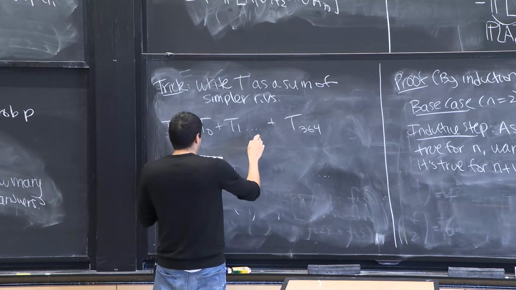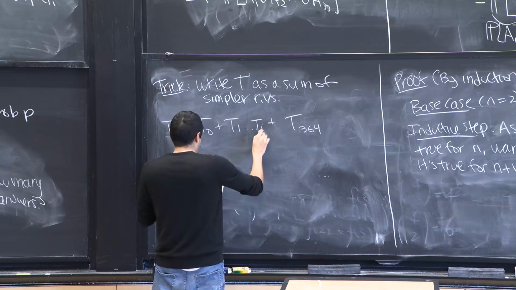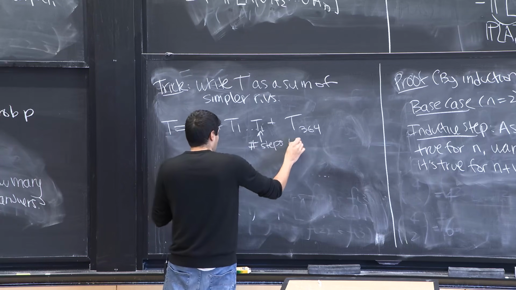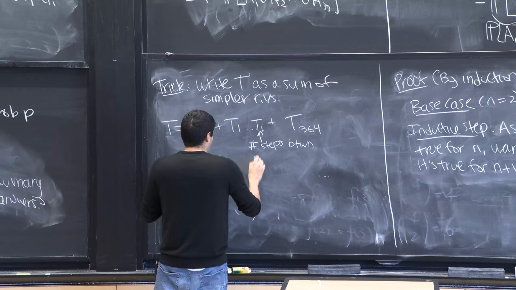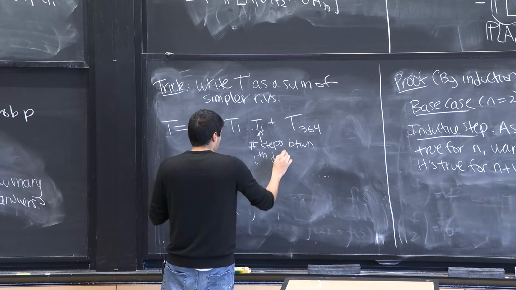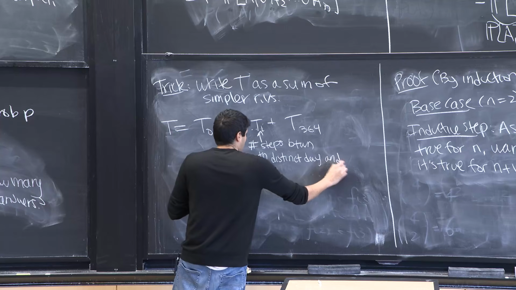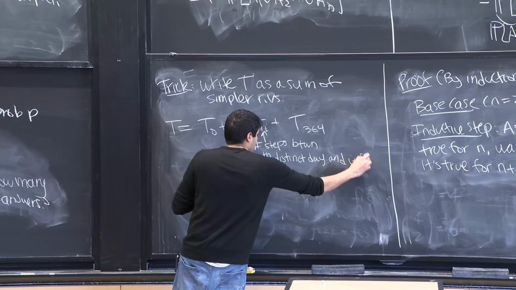And ti, just to be clear, is the number of steps between the ith distinct day and the i plus first.